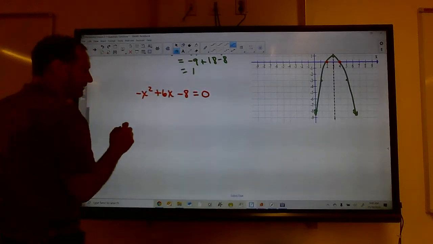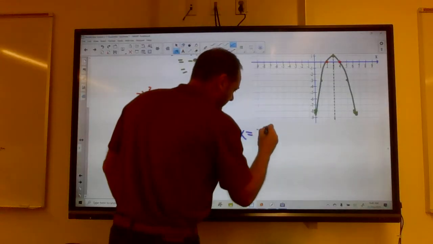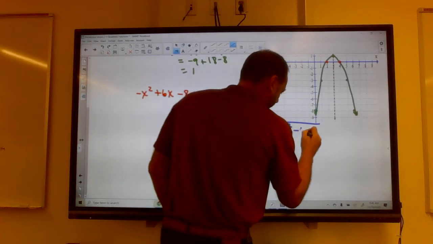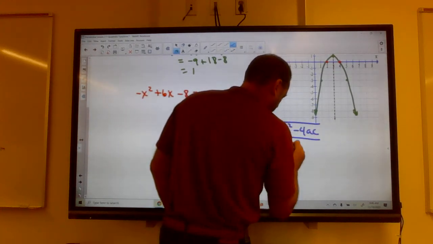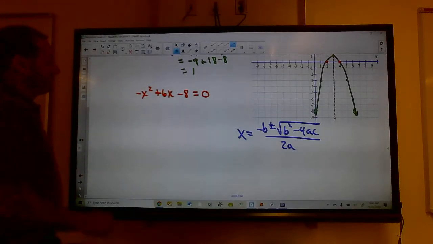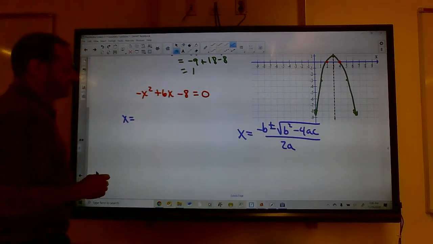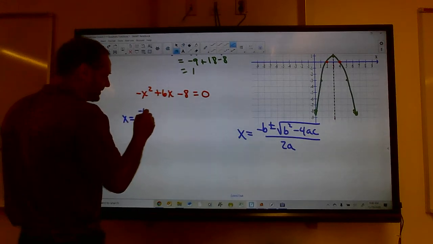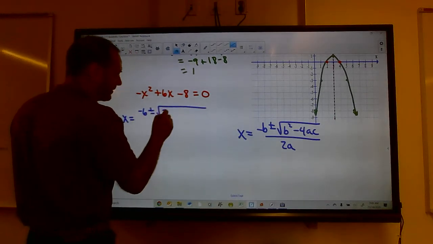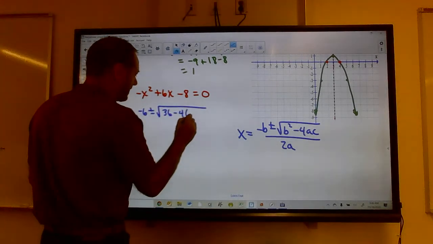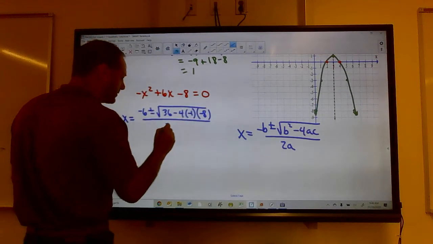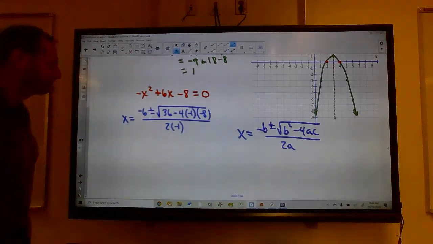So, remember the quadratic formula is x equals -b plus or minus the square root of b squared minus 4ac all over 2a. You need to know that. So x would be, -b would be -6 plus or minus the square root of 6 squared, which is 36, minus 4 times a, which is negative 1, times c, which is negative 8, all over 2 times negative 1.